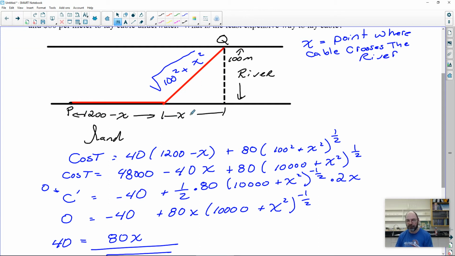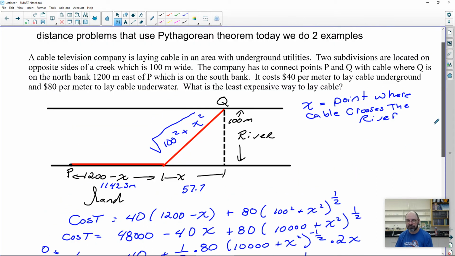Or if you like, this is 57.7, and this is 1,142.3 meters. So the question asks, what is the least expensive way to do it?